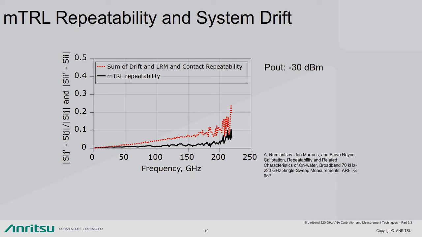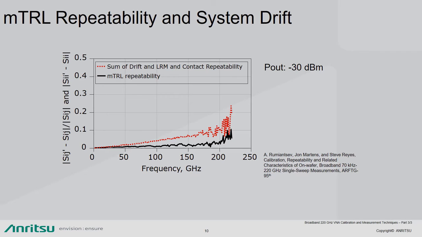The multi-line TRL repeatability is compared against the sum of the system drift, contact repeatability, and LRM calibration repeatability. The related RFTAG 95th conference paper describes how we calculated the characteristics.